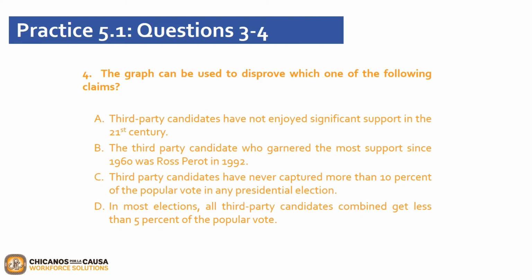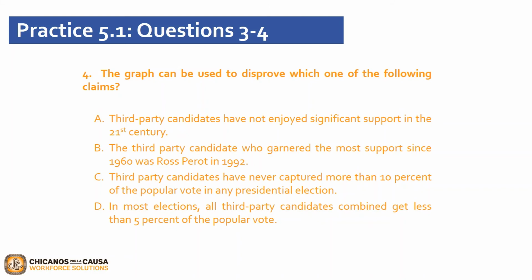C, third-party candidates have never captured more than 10% of the popular vote in any presidential election. D, in most elections, all third-party candidates combined get less than 5% of the popular vote. Okay, those are pretty good choices. Now let's see which one best fits our answer.